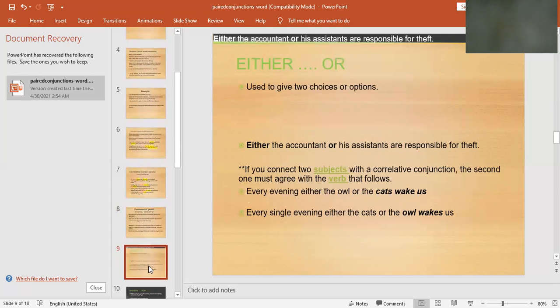Now every single evening, either the cats or the owl wakes. Now one owl wakes, many cats wake. So you have to take care of the noun before the verb, whether it is singular or plural, with either or.